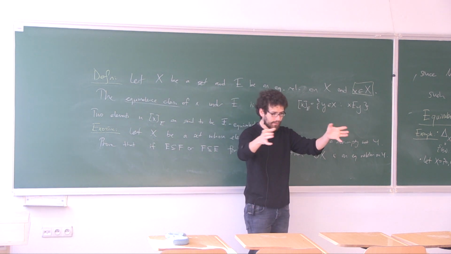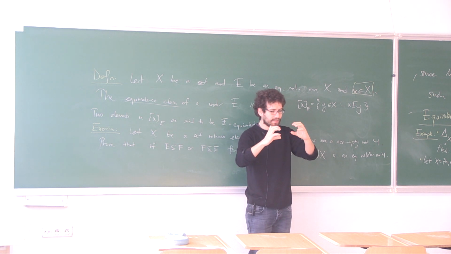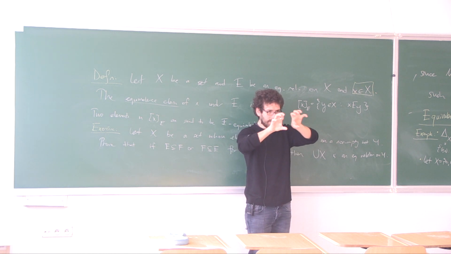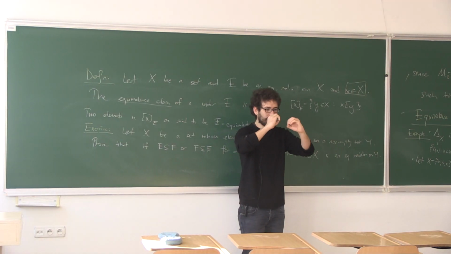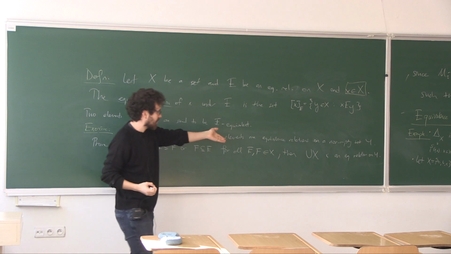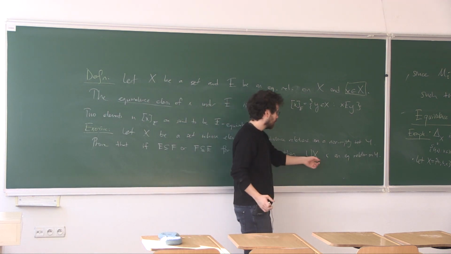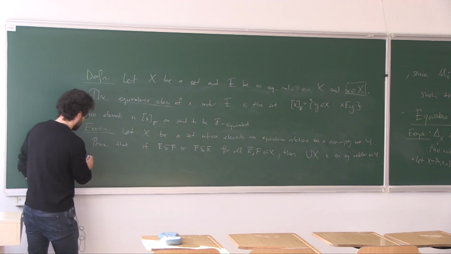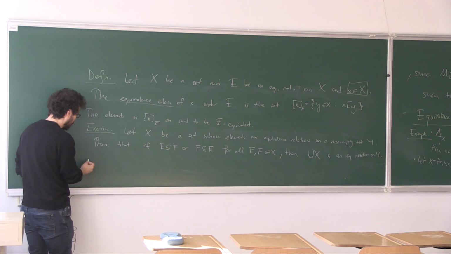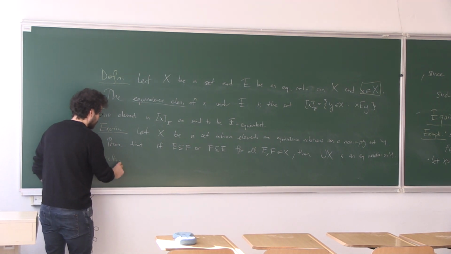If you have a set, if the elements of this set are equivalence relations, and if it is the case that given any two, these are always comparable in the sense that this is a subset of this one or this is a subset of this one. If this is true, then when you take the union of all these equivalence relations, you get an equivalence relation. This in particular implies the following. You can obtain this as a corollary.